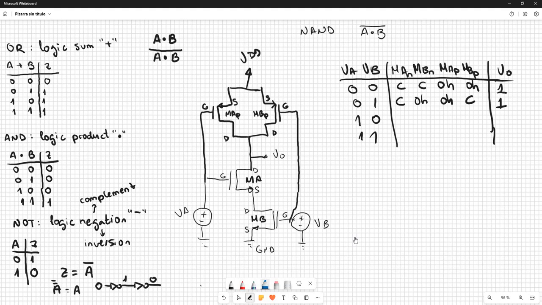Why? Because now this way is closed, so ground cannot reach the output because it's closed here. The complementary B is closed, but the complementary A is open. So the supply voltage can use this way to reach the output.